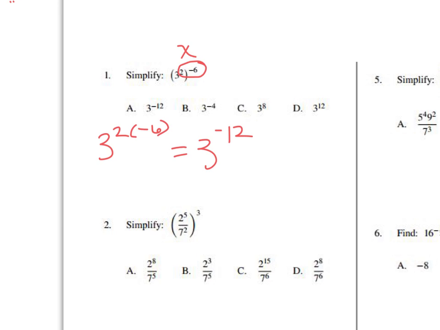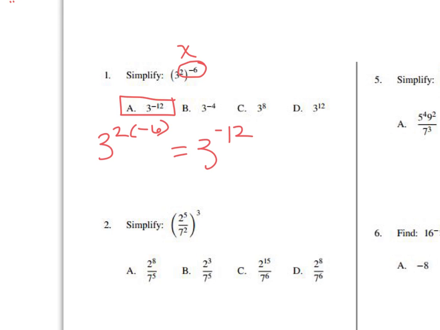Oh, look, that's one of my answers. These formulas are all on your formula chart, by the way, so you will have these rules tomorrow on the test. All of these rules that are in that foldable we've been working on are on the formula chart.